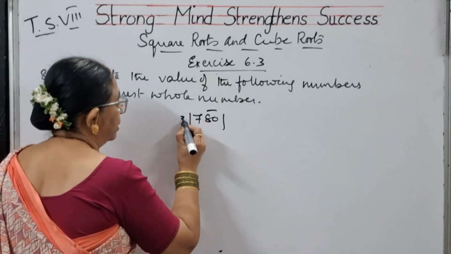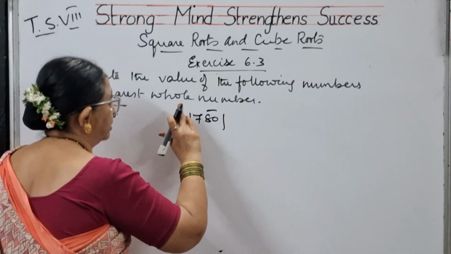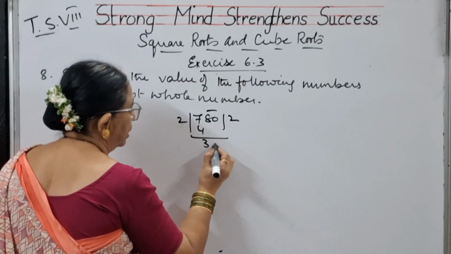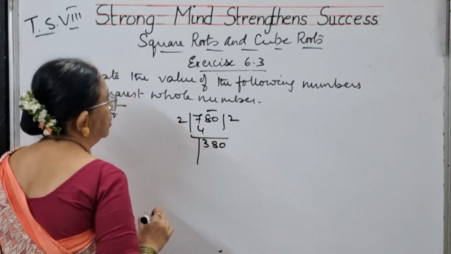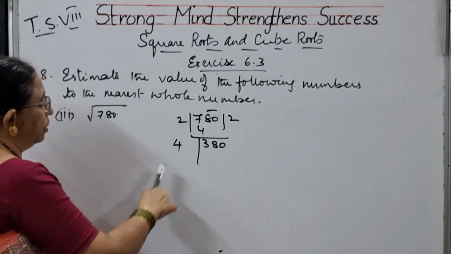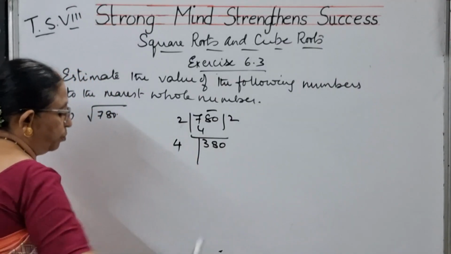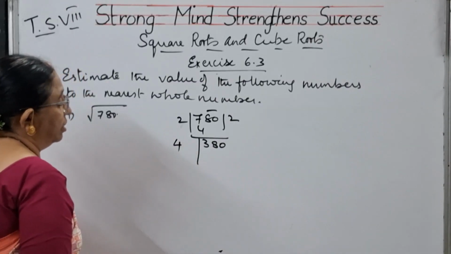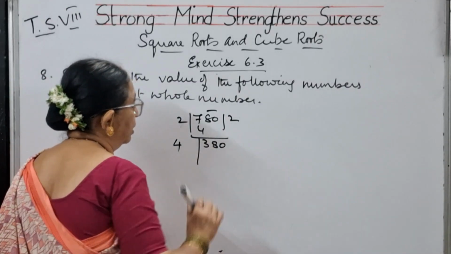So 3 threes are 9, we don't get it. 2 twos are 4 and 380 you got. Now 2 twos are 4, so nearest means it should be more than this. So 4 sevens are 28, 4 eights are 32.